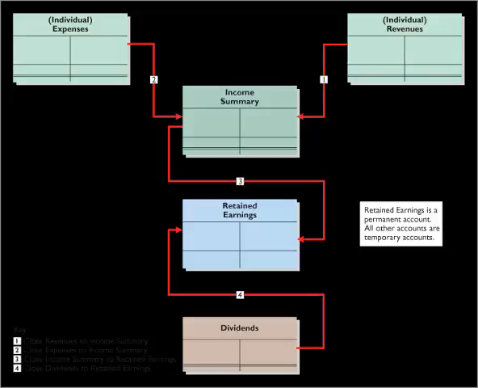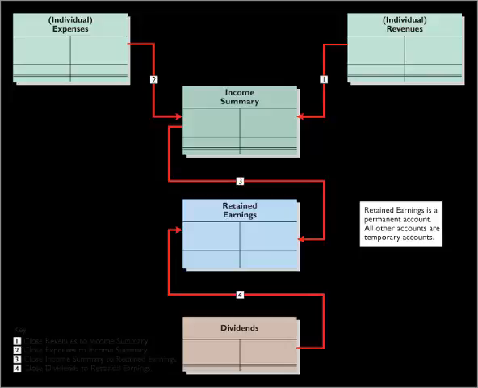Then in step 3 or 4, depending on your order, we're going to take it right out and put it in retained earnings. Yes, you could do that in one step, and that makes logical sense to some of you, but that is not the procedure. I think steps 3 and 4 are interchangeable. To me, I want to close income, close expense, move them both out of income summary, and then do dividends.